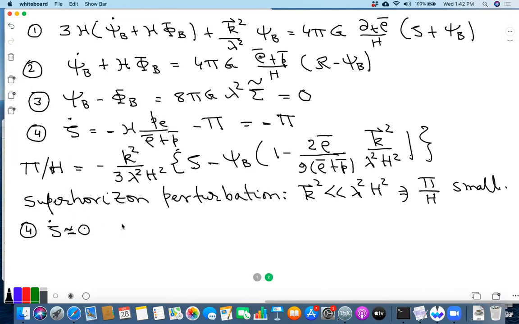3 implies psi b equal to phi b. The other simple equation is if you equate 1 with 3h times 2.